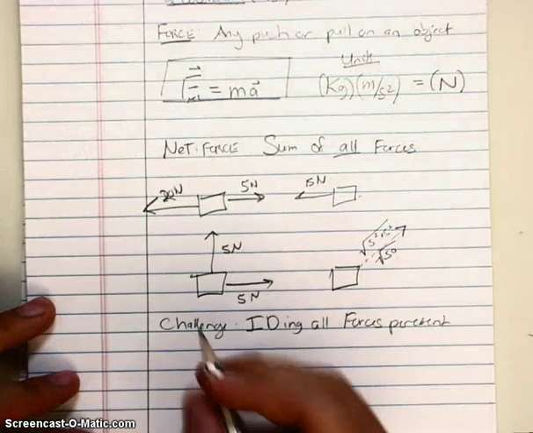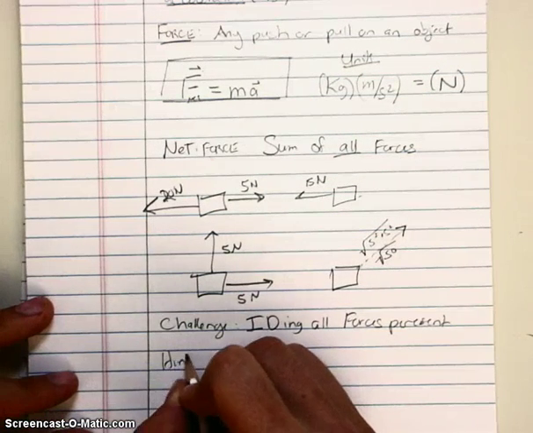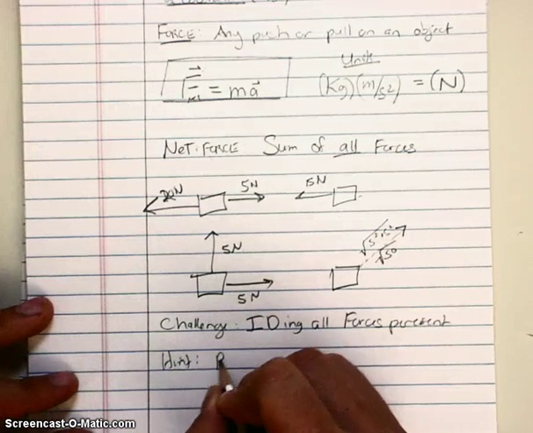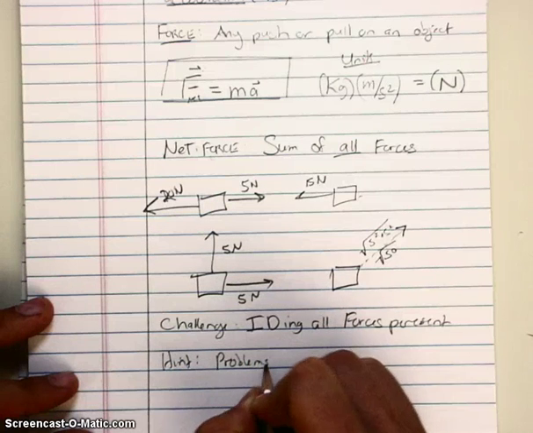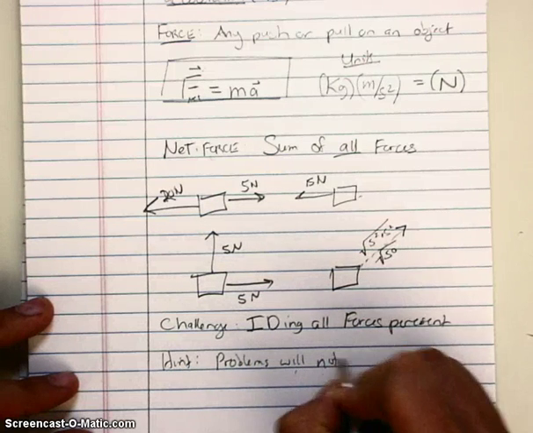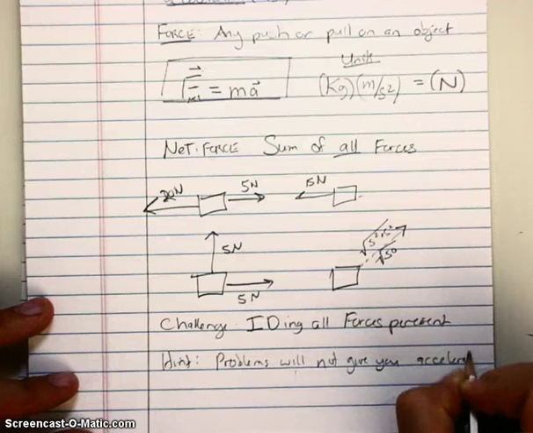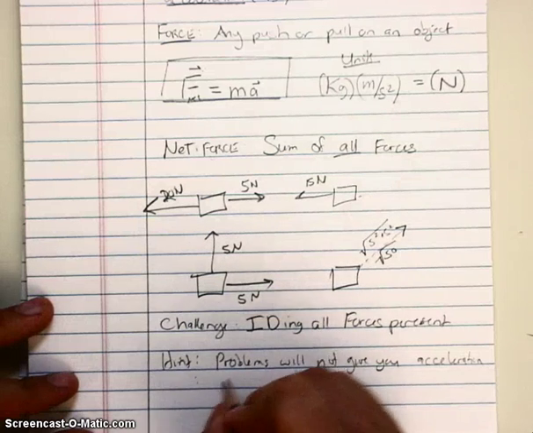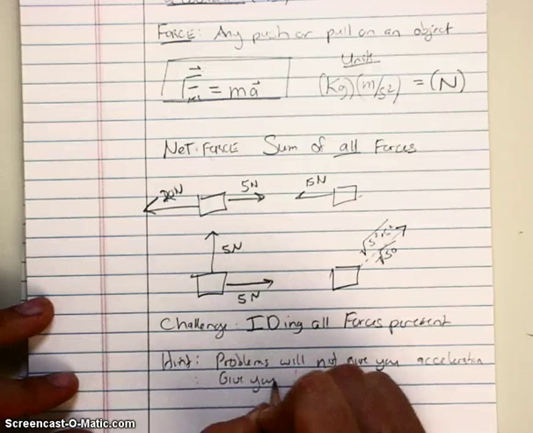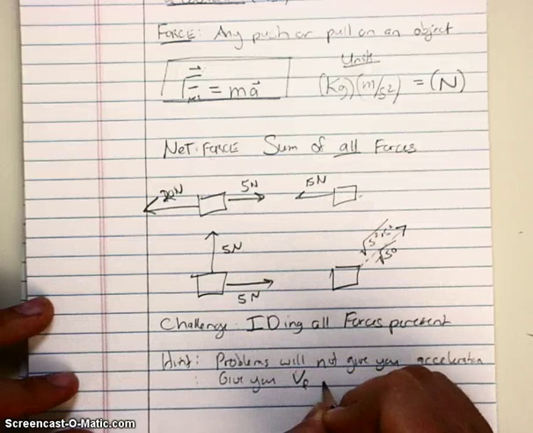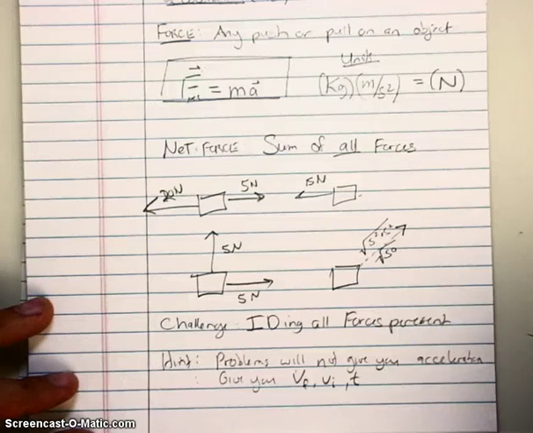Notice we have acceleration right here. A hint: some problems will not give you acceleration. They may give you final velocity, initial velocity, and time.